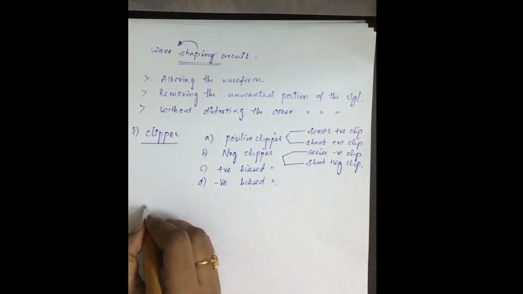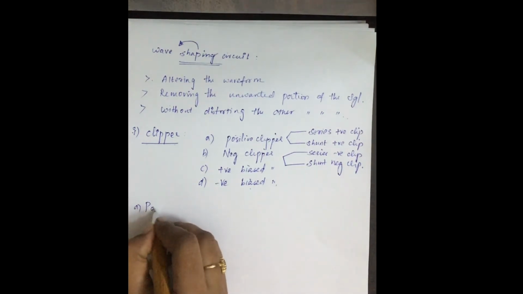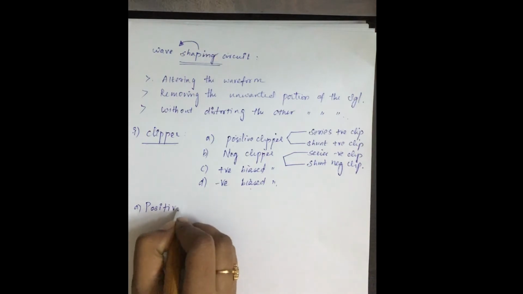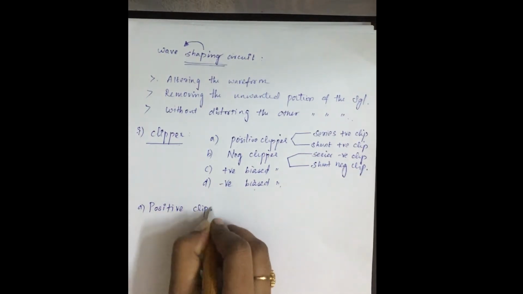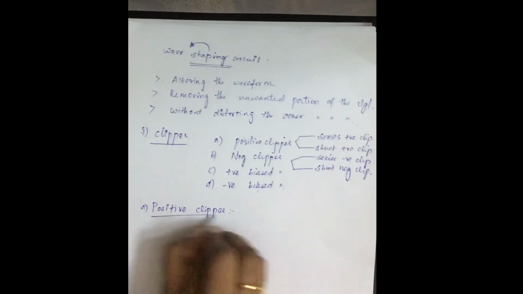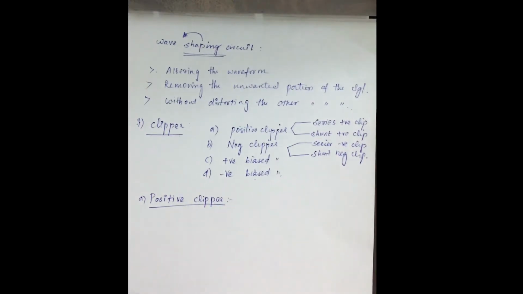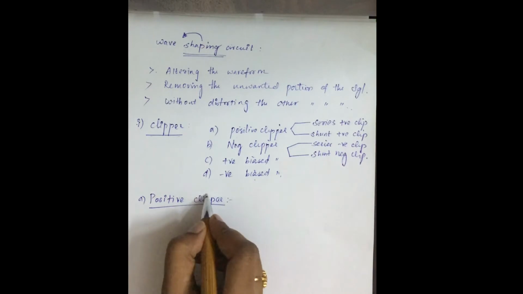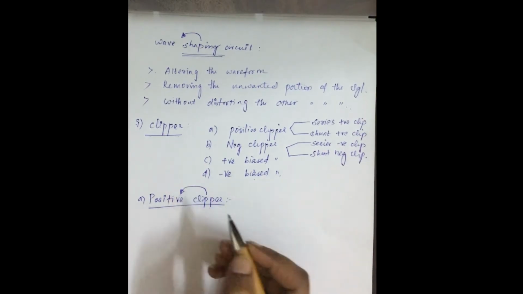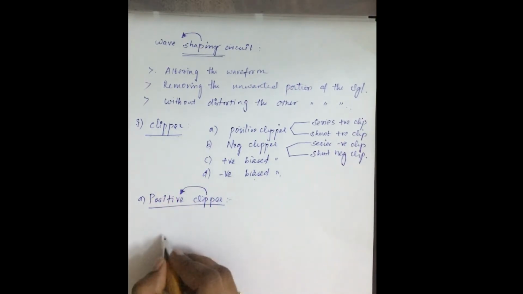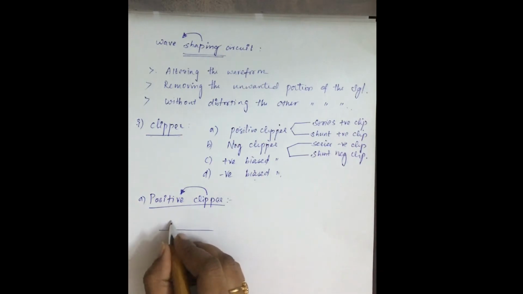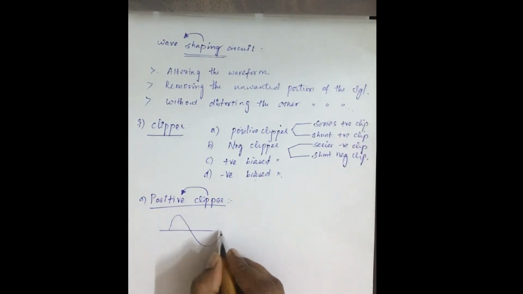So first let's see the positive clipper. The positive clipper clips only the positive half of the cycle, that is, it clips the positive half of the signal. Say this is the input signal.